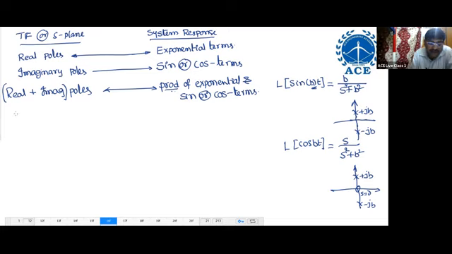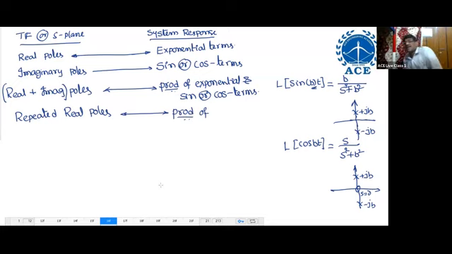Next, repeated real poles. Repeated real poles means a product of t with exponential. When poles are repeated, you will get a t term.